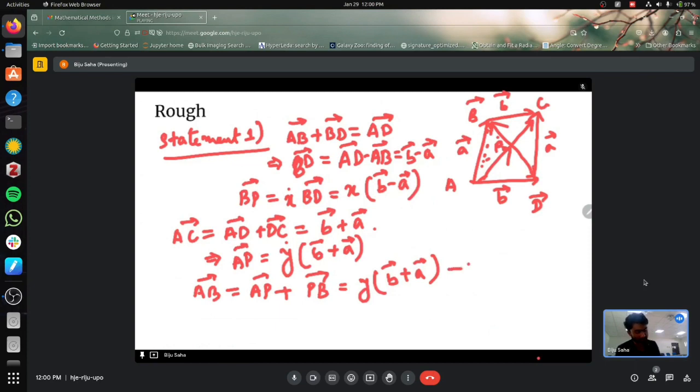So minus BP vector, and BP vector is given by this. This is what we obtain. And AB we already know to be A, so let me replace this with A vector. So this is what I have replaced my left hand side with, and the right hand side has become this.